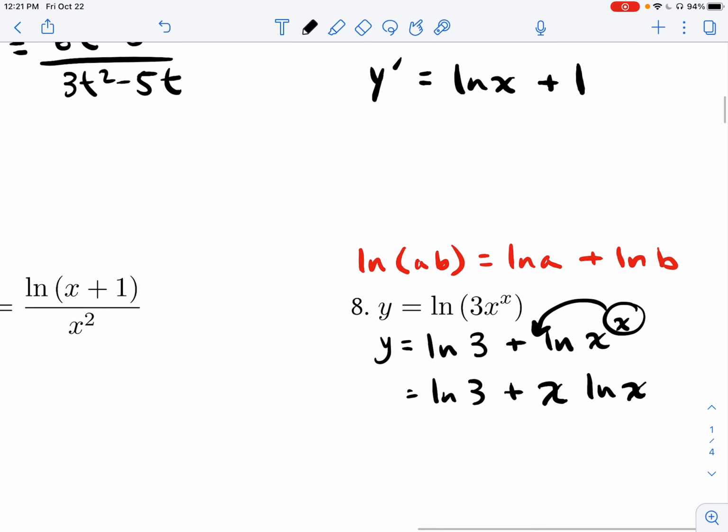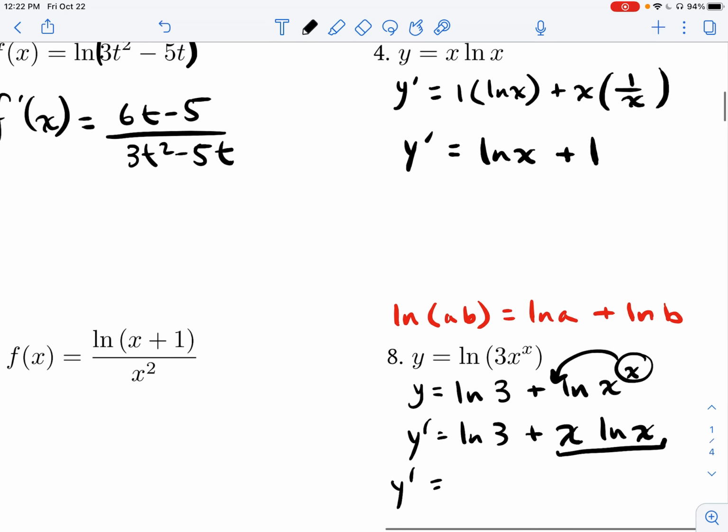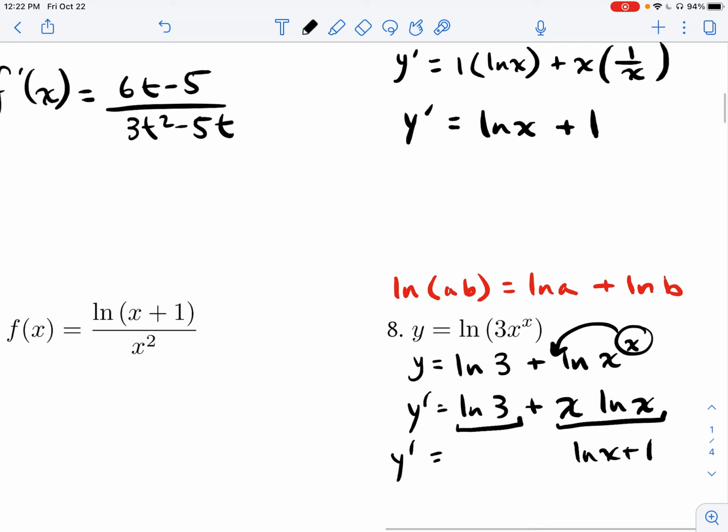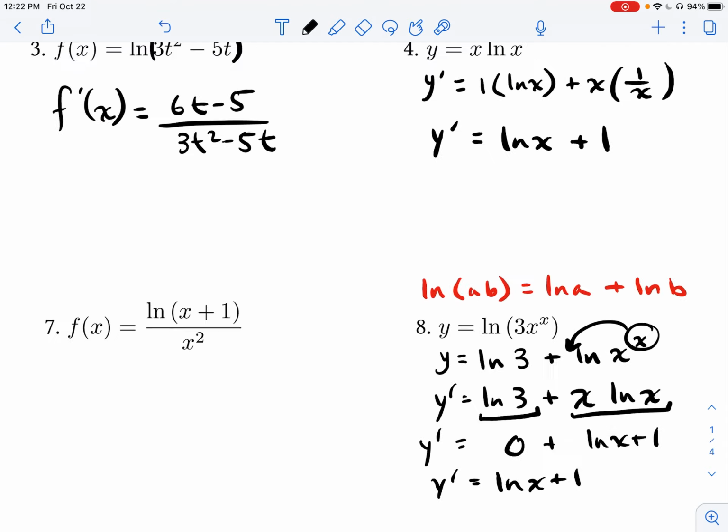The derivative of x times natural log of x is the natural log of x plus 1. And we all know that the natural log of 3 is just some constant. So the derivative of any constant is 0. So y prime is actually equal to the natural log of x plus 1. Okay. All right.